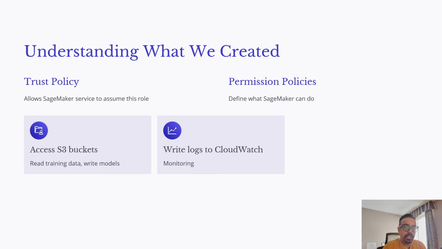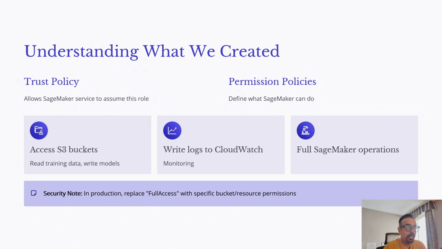So the execution role needs logs create log group, that we already have. It also would require log stream so that it would be able to create the logs in CloudWatch. And then for full SageMaker operations, the role might include permissions like SageMaker create job, SageMaker describe job, training job. These are all already coming as part of SageMaker full access when we selected SageMaker execute.